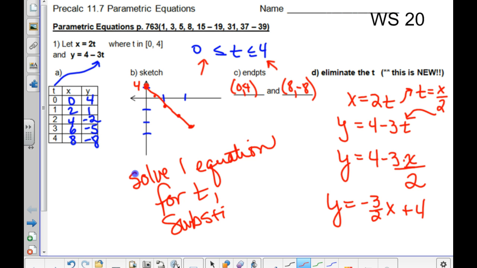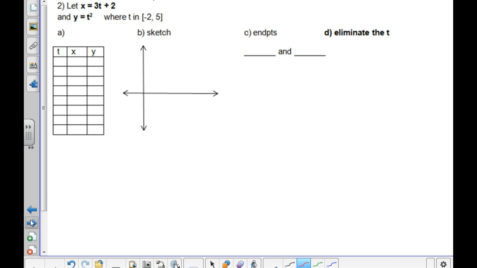And you don't have to be in any specific mode to graph that. You would want to be in parametric mode. The degrees and radians don't matter. Is that your question? No, you have to be in parametric to be able to put in the t. Otherwise, it won't give you the t. We'll do one on the calculator in a minute.